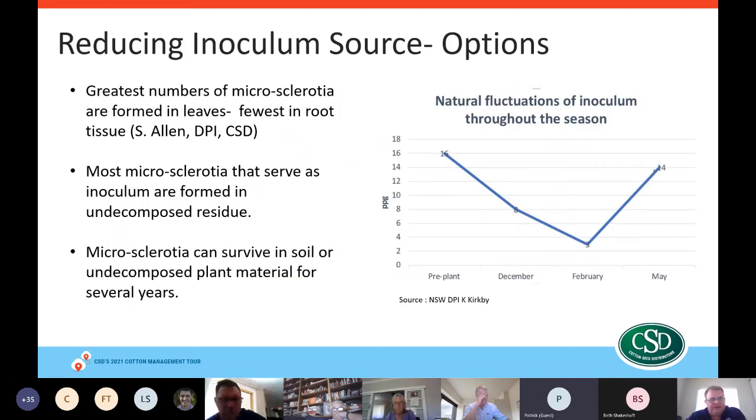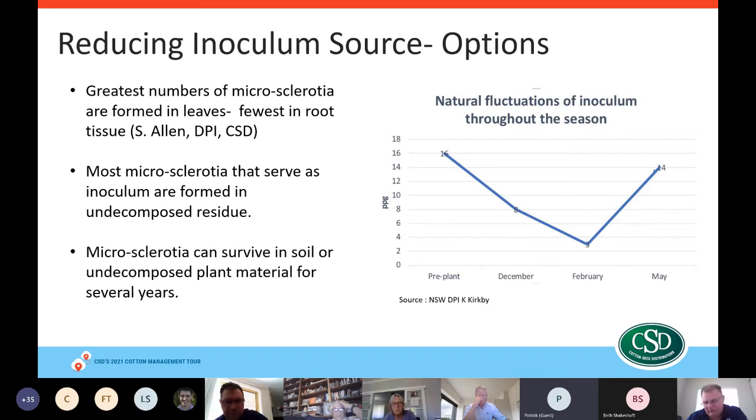So we talked about reducing inoculum sources, and certainly the greatest number of Microsclerotia are formed in the leaves, fewest in the roots, but most Microsclerotia that serve as inoculum are formed in undecomposed residue. So it's very important to get onto it quite quickly, plough them back into the ground, break down that Microsclerotia that's living on the leaf material, let it rot as quickly as possible.